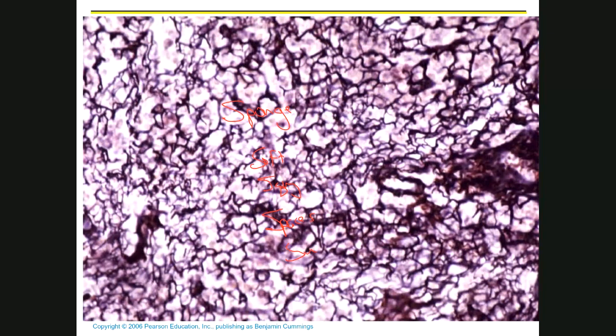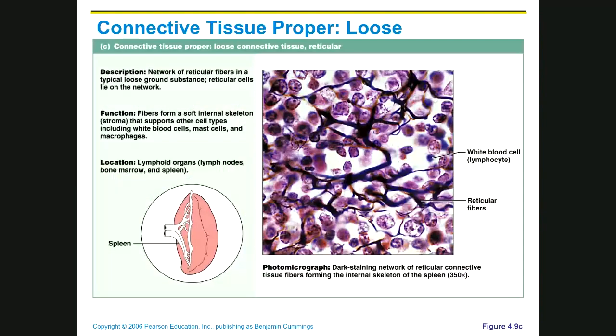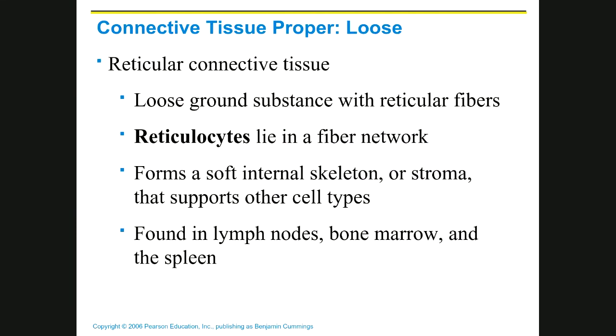You can support something as long as it's not too heavy. You can support it with the sponge. Any questions about that tissue? So again, this is reticular connective tissue.